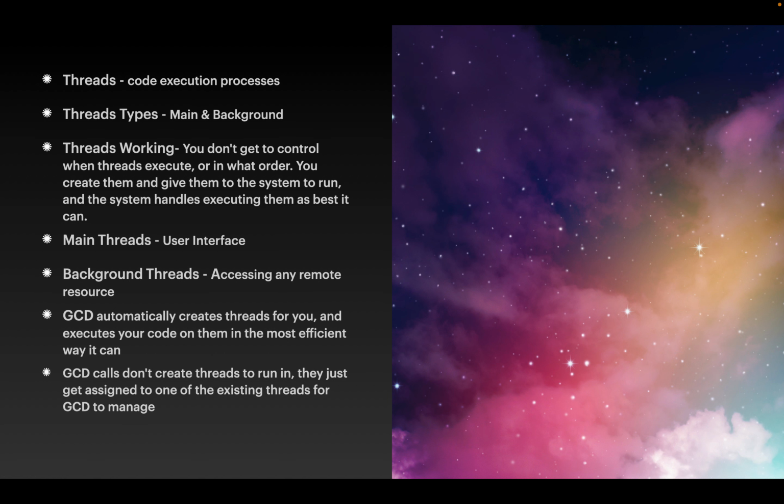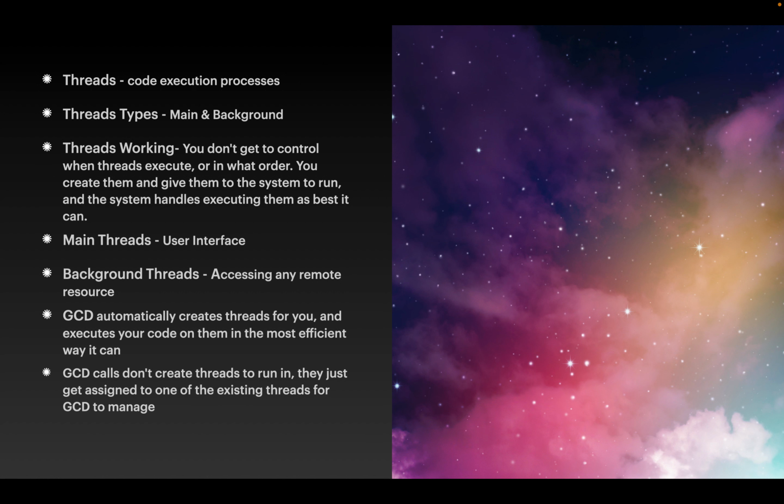Let's understand these terms first. What are threads? I have explained the code execution process, right? This code execution process is called a thread. We have two types of threads. That is the main thread that works on the front end, and then the background thread that, without affecting the front end, handles work from the background. How will the threads work?